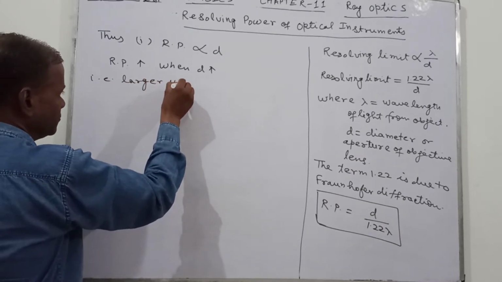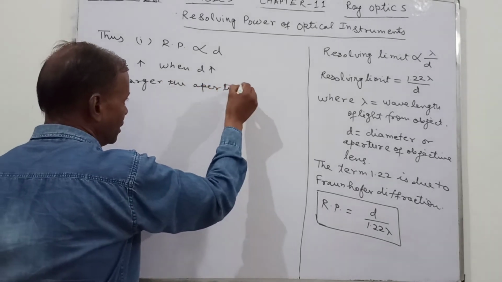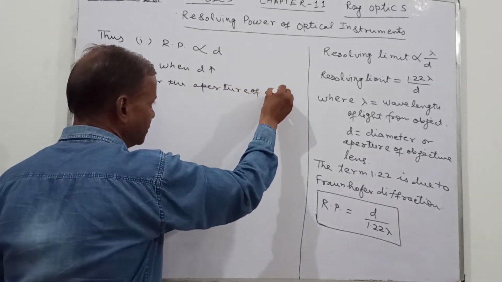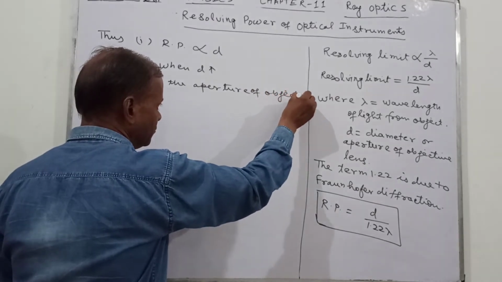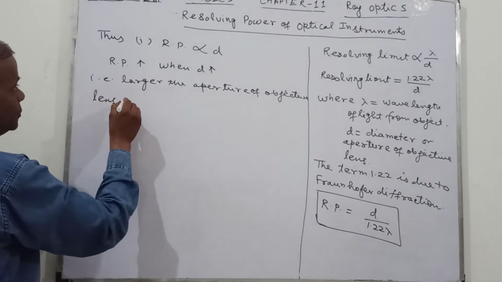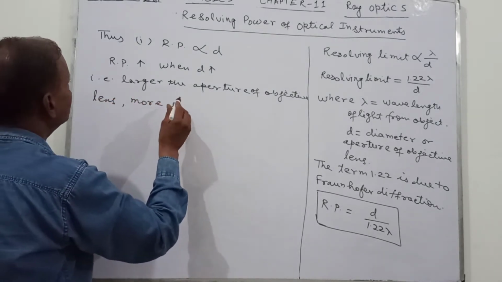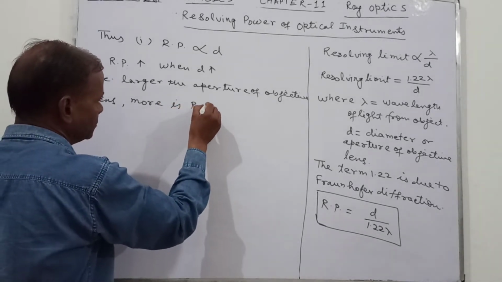Larger the aperture of the objective, more is the resolving power.